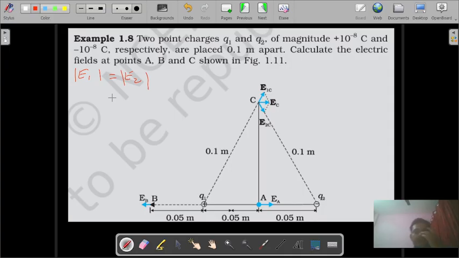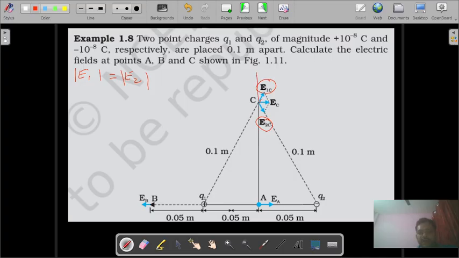So one way we can do, we will find the electric field due to E1, which is in the radially outward direction as represented here by E1C. The electric field due to the charge 2 will be inwards towards the charge Q2 and this is represented by E2C. So we will explore this. We will resolve E1C into two components.